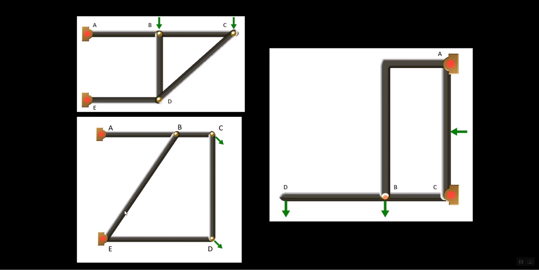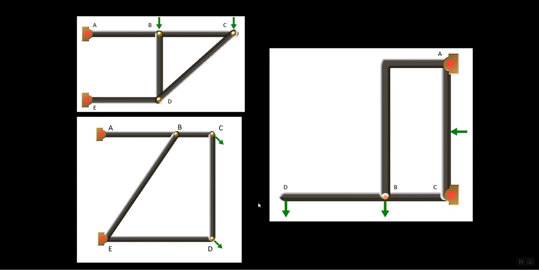On this diagram, again, BE is a two force member, force at B, force at E. ED is a two force member, CD is a two force member.